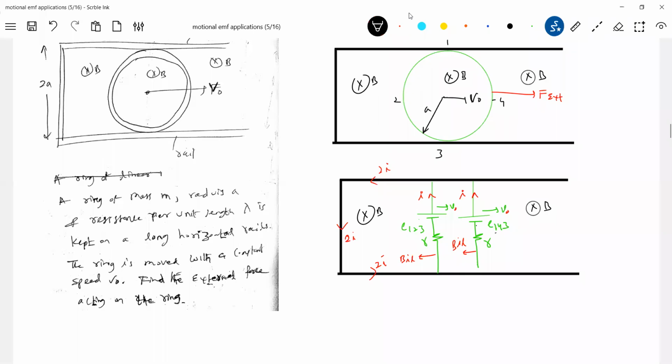Straight away, let's get into the problem. F external equals 2 BIL. What about I? E123 by R or E143 by R. The same current will flow in both the parts of the ring. How to get the magnitude of E123?